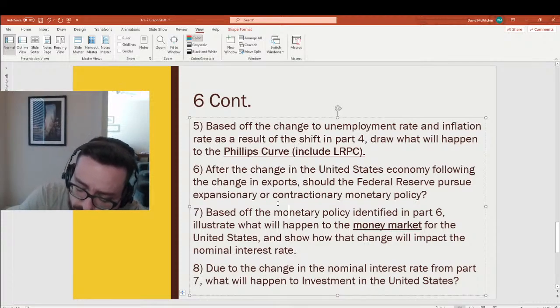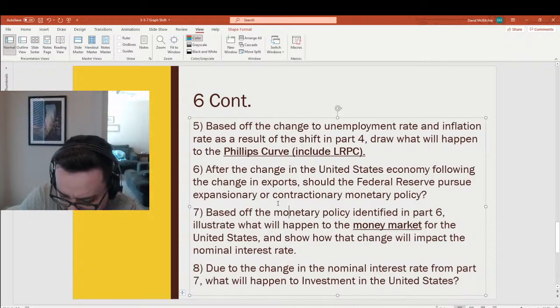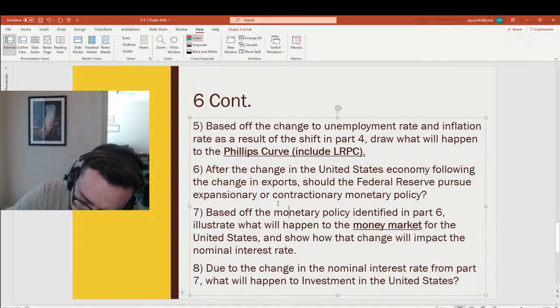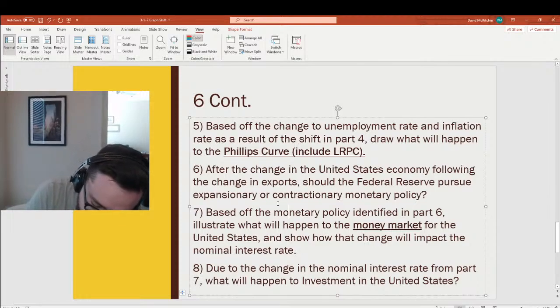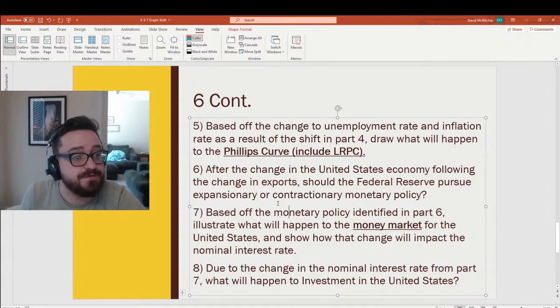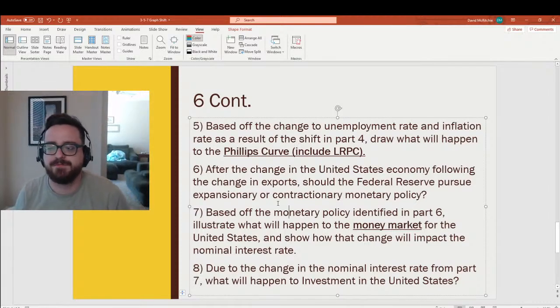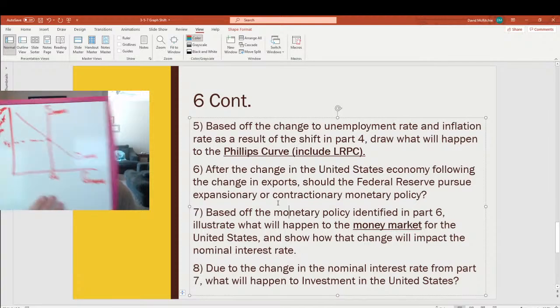It has a vertical supply curve, that is the supply of money or the money supply, and a downward sloping demand curve, which is the desire for people to have money in a spendable form. It's not how much money you want, because again, that would be infinite kind of all of the time. It is how badly you want to have your money in a spendable form. Like as opposed to having money in your savings, you'd rather have it in your checking account, that kind of thing. So here's my money market graph.